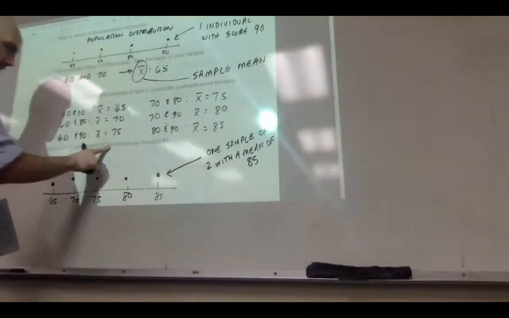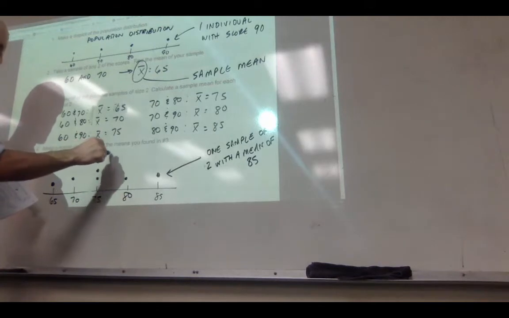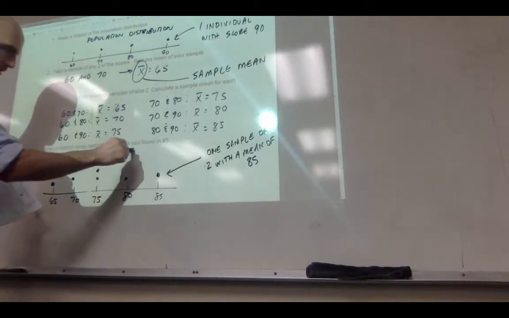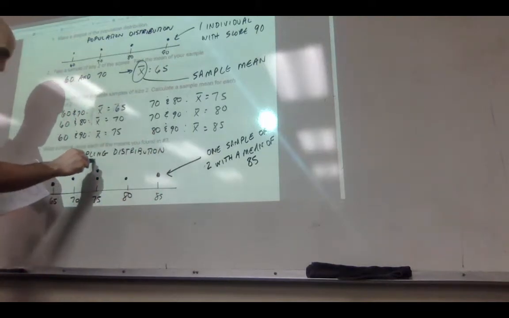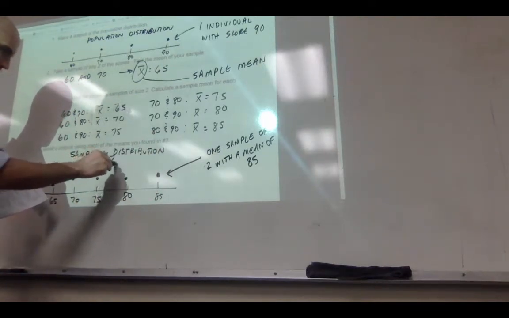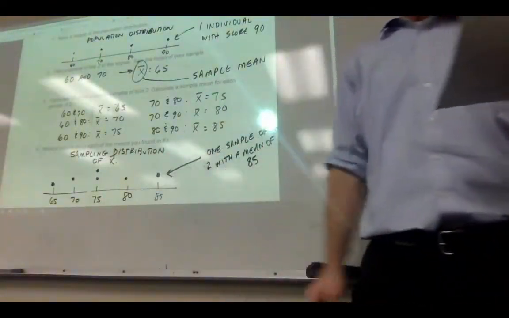Let's label this. This is a sampling distribution. Notice what I put here: a sampling distribution of X bar.